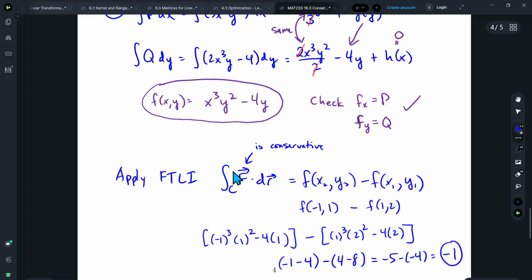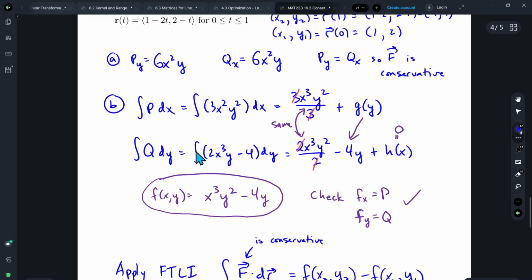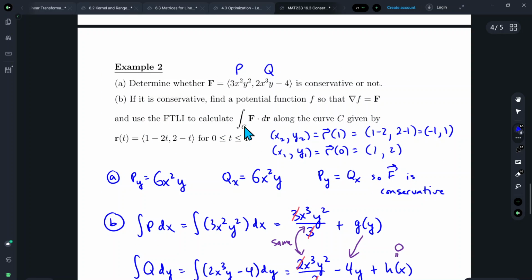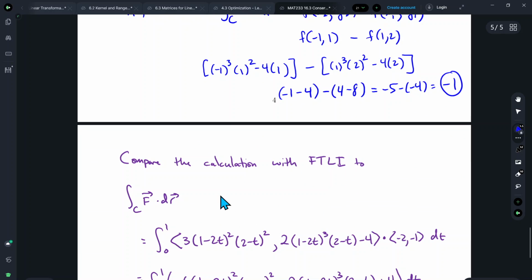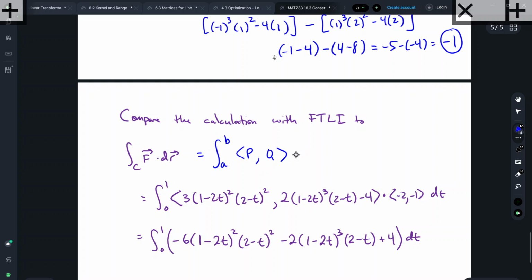So this is how we calculate this line integral using the fundamental theorem of line integrals. Alternatively, you can calculate this line integral directly. I've already started it here on the next page. The setup is the integral from a to b, plugging in x of t and y of t into P and Q, dotted with r prime of t, which is x prime, y prime.